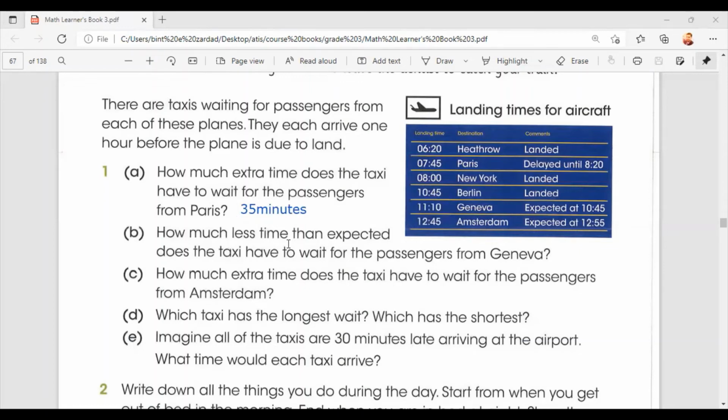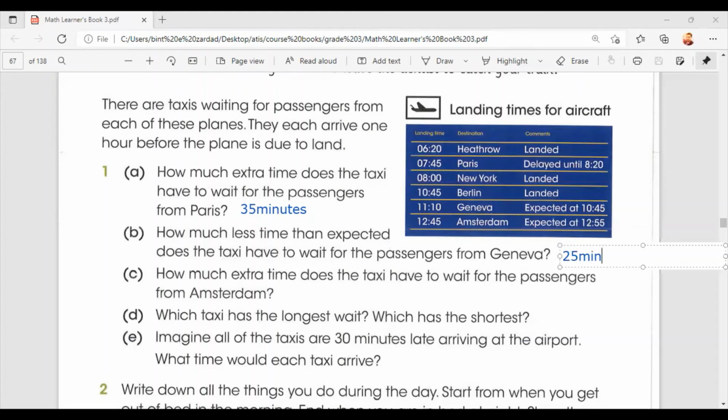Same as this: how much less time than expected does the taxi have to wait for the passenger from Geneva? This is 11:10, this is 10:45. So it's coming early. 15 minutes from here and 10 minutes from here, 15 plus 10, 25 minutes.